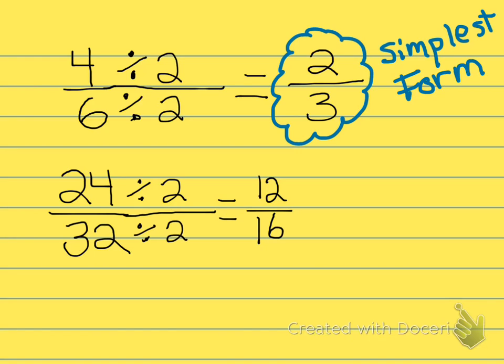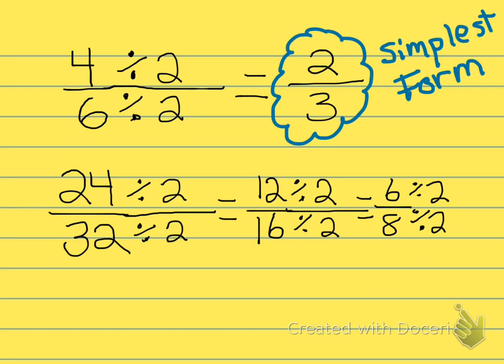Oh, when I look at that though, 12 and 16, those are both even numbers too. I think I can divide by 2 again. I end up with 6/8. Oh my goodness. I think I can divide by 2 again. They're both even. And I know 6/8 is not in simplest form.